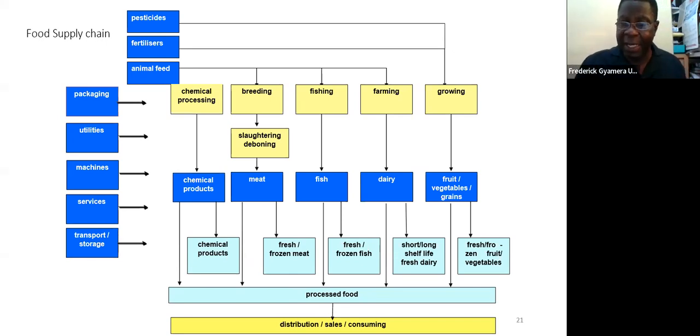And at the end of the day, you process it and it comes to the distribution and talking about sales and consuming. Whether the consumer will accept your end product or not depends on how they perceive it. Is it wholesome or they are buying diseases?